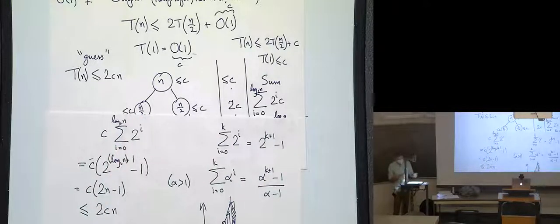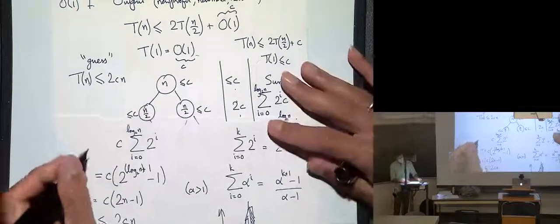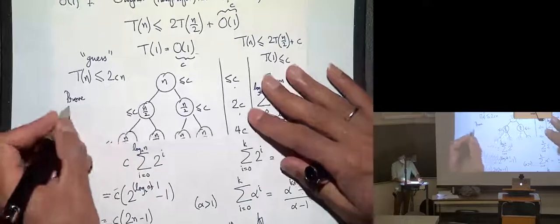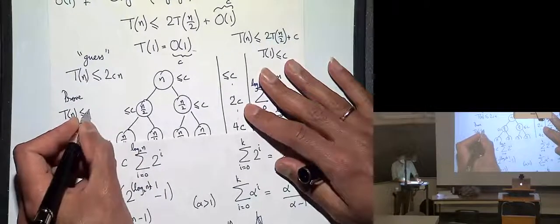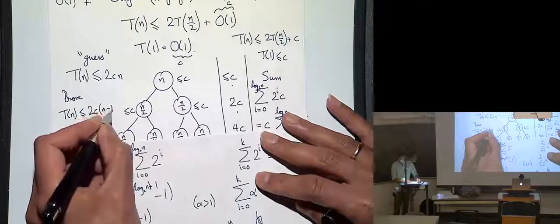But what you can prove, what's the best way for me to say this? Prove that T of n is at most 2c times n minus 1.